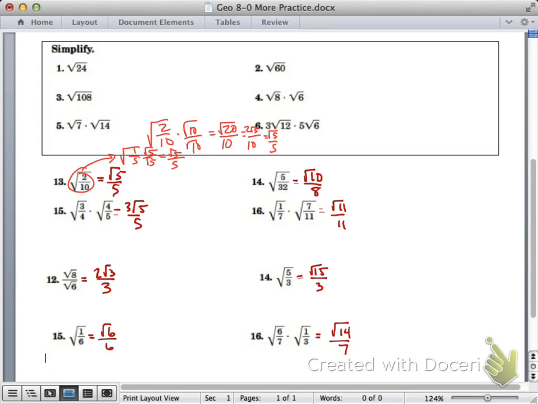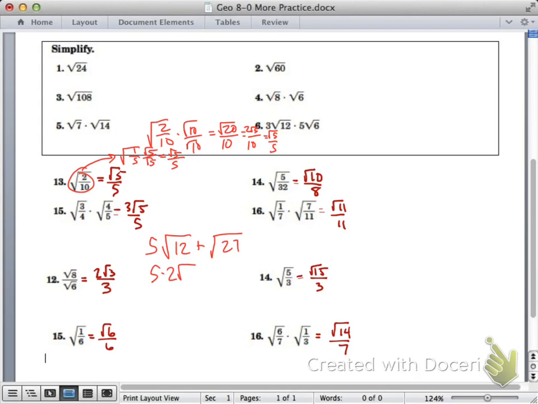I don't have the other side of this page done for you, which I apologize, but just remember if you're adding, let's just say you're adding the square root of 12 plus the square root of 27. You simplify both terms. Let's make it a little bit more interesting. Let's make it 5 square root of 12. So it becomes 5 times the square root of 12.